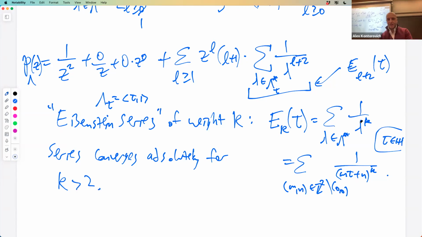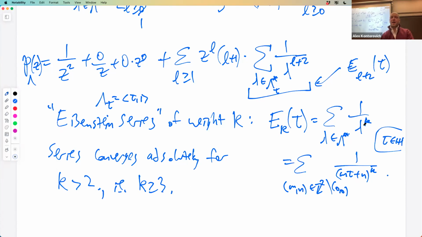But actually, we want this to be a holomorphic function, so k is an integer, k is greater than or equal to 3. Which, by the way, are we in that realm here? L is at least 1, so L plus 2 is at least 3.